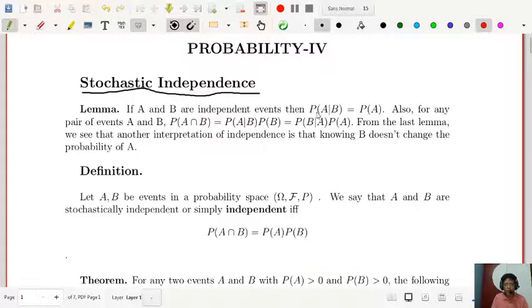But you see, if A and B are independent, then from the last lemma we see that another interpretation of independence is that knowing B doesn't change the probability of A actually. B doesn't change the probability of A.